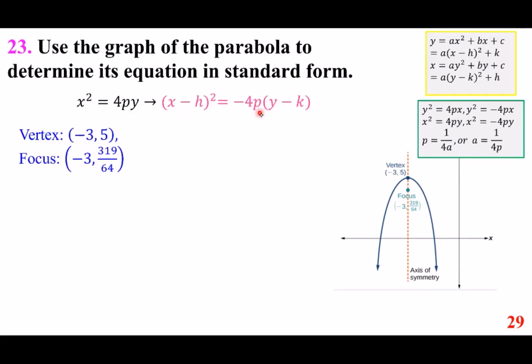And I want to discuss the p. P is the focal distance, which is this distance, everybody. Let me draw. Focal distance is this distance, the distance from the focus to the vertex, this much. So all we have to do is say 5 minus 319 divided by 64, and that ends up being 1 over 64. So now plug everything in.